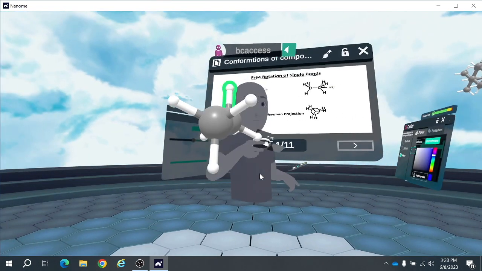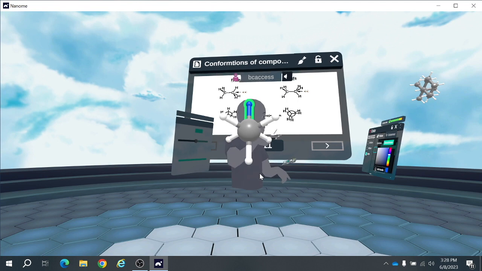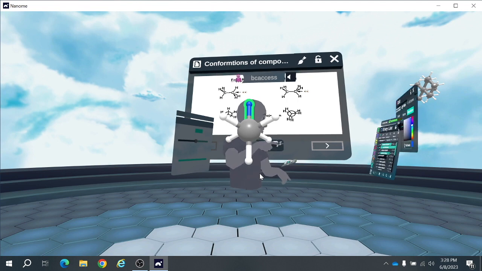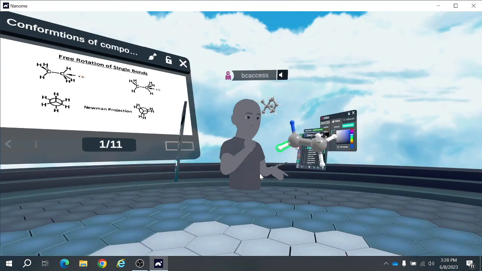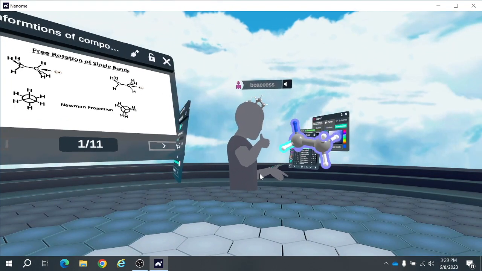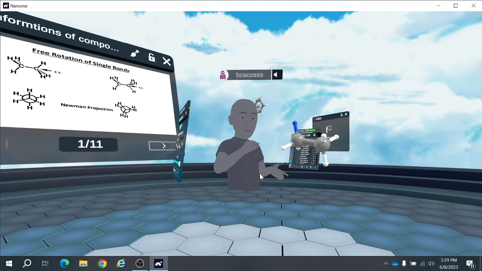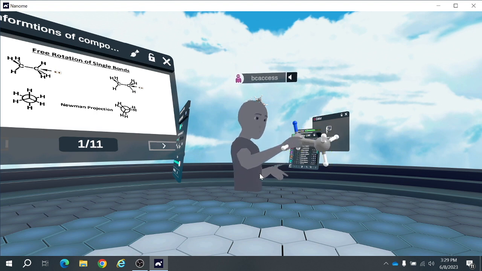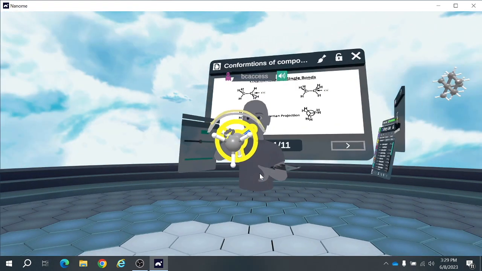Let's make this atom here blue. Okay? So now we're going to take the blue atom and now we're going to try to turn it, torsion. So watch the blue hydrogen. So now I turn it into eclipse.